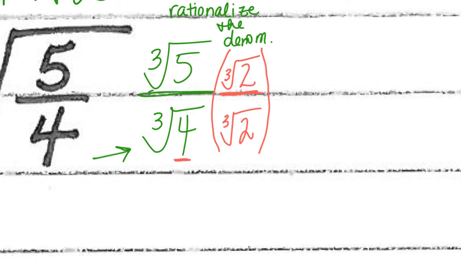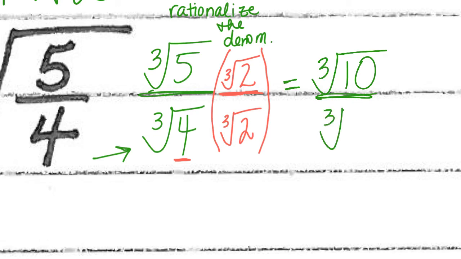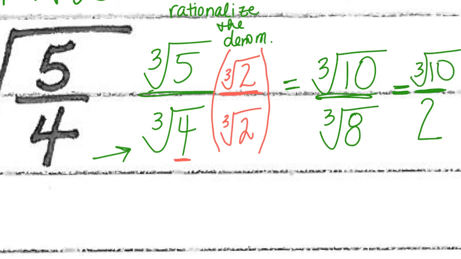So what I do to the top, I have to do to the bottom. The 3rd root of 5 times the 3rd root of 2 is the 3rd root of 10. And the 3rd root of 4 times the 3rd root of 2 is the 3rd root of 8, which you guys just told me was 2. Now, beware, because this 10 is inside of a radical and the 2 is not, they cannot be reduced.